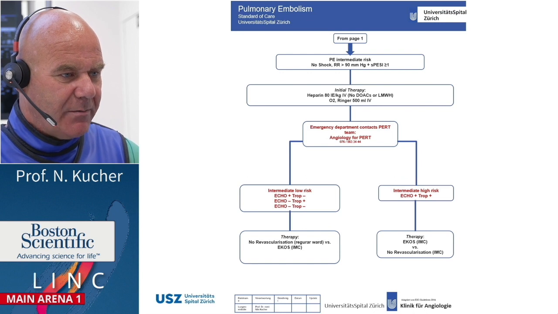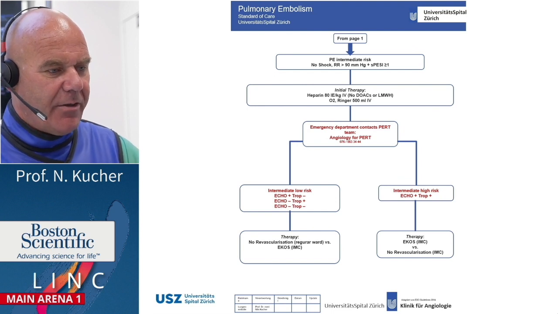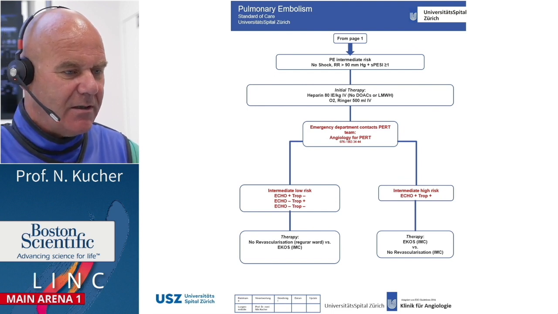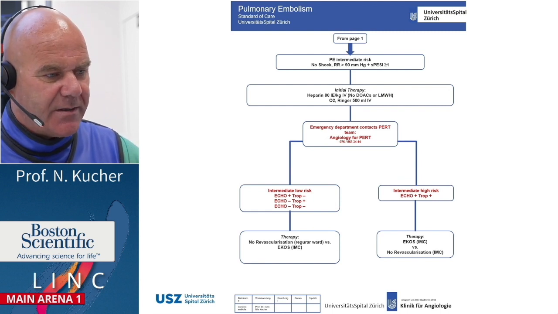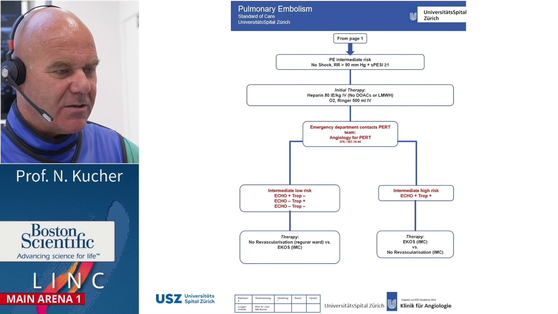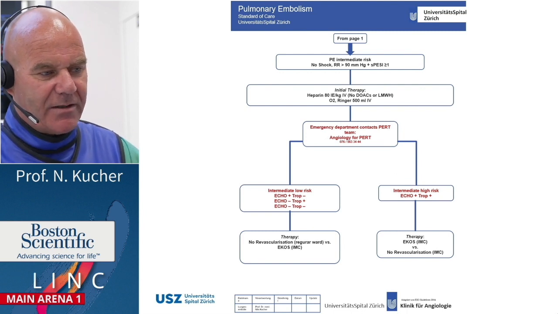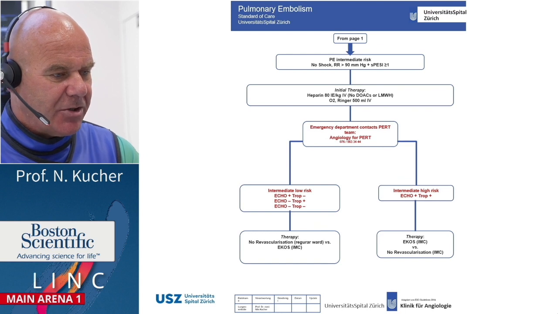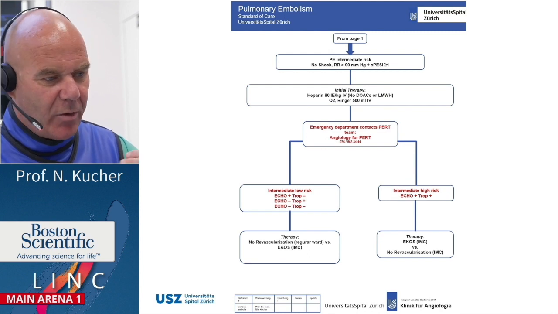And next slide, please. Then we go to page 2. So we have the intermediate risk patients where we then get our PERT team activated, and the PERT team will then decide or suggest what to do with such a patient. If it's an intermediate low-risk patient, meaning that either the troponin test is negative or there's no clear RV dilatation, we usually do no revascularization therapy at the beginning and send the patient to the regular ward.